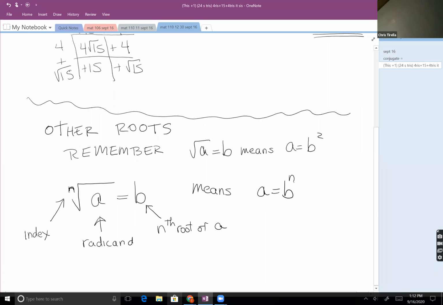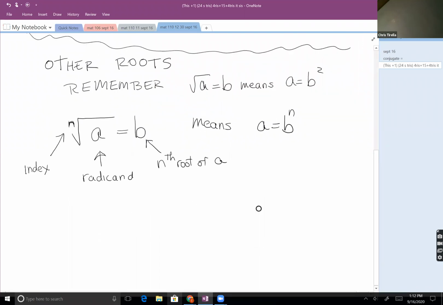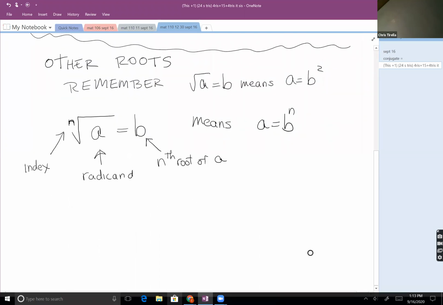So when I'm taking the square root, I'm actually taking the second root. We're going to be looking at other roots. I'm guessing that some of you might have previously heard of something like the cube root.